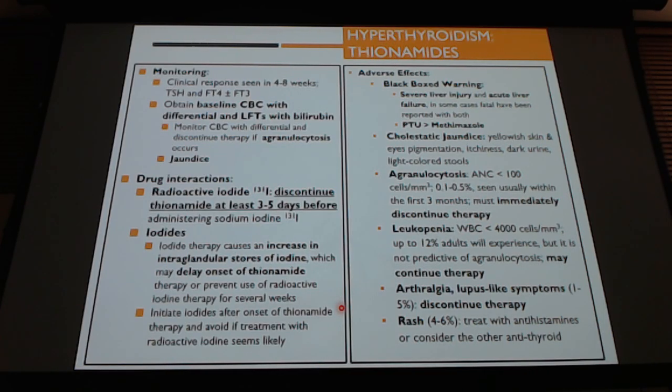If you don't, it won't allow the thyroid to uptake that radioactive iodine. We need that to be taken up, right, so that I can ablate that tissue. So if my thyroid doesn't take it up because my thionamide is blocking it, it's not going to be effective, okay? So you have to discontinue your thionamide prior to administering your radioactive iodine.